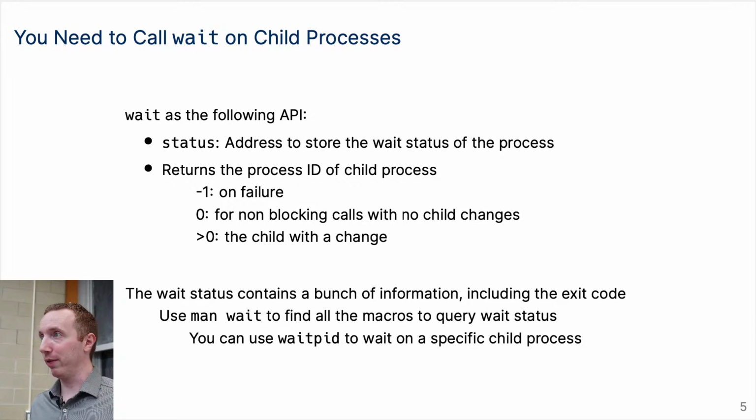You can think of it as a return value if you want, where it writes the information. And then the actual return value is the process ID of the child process that is now dead. If the wait call returns -1, that's a failure, and it sets an error number that you can read. We'll ignore 0 for now, this is just for reference, we'll see it tomorrow. And if it's greater than 0, that's the process ID of the process that is now dead.